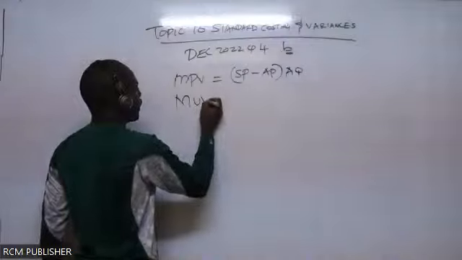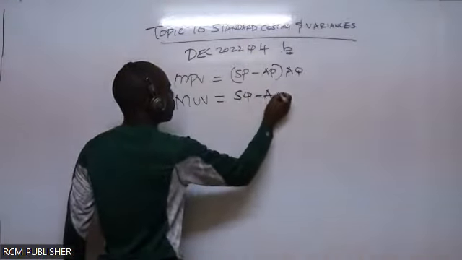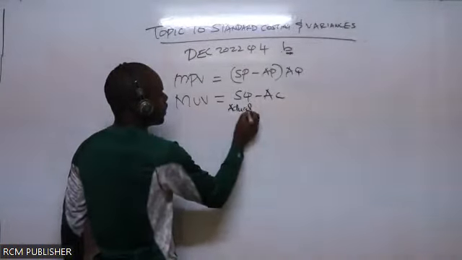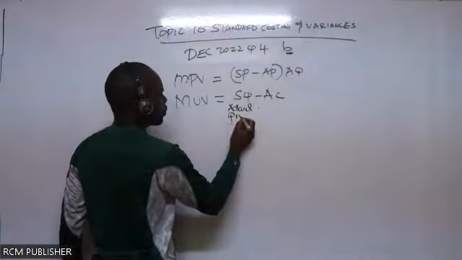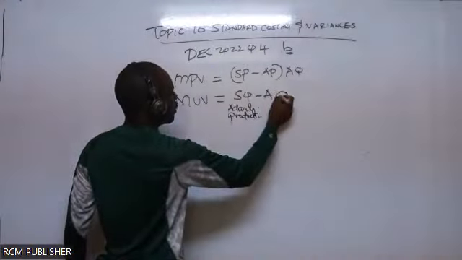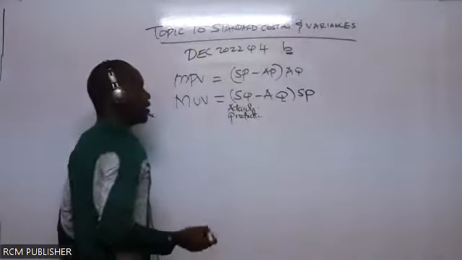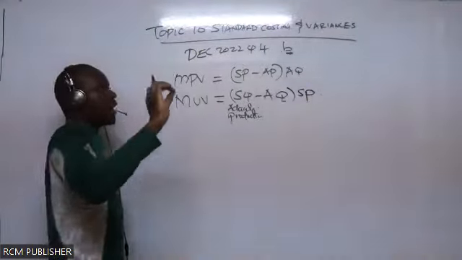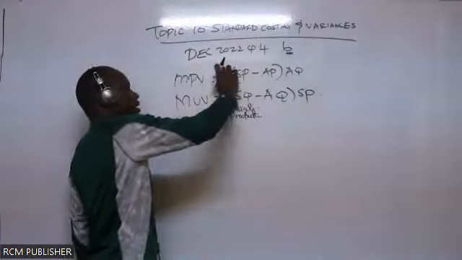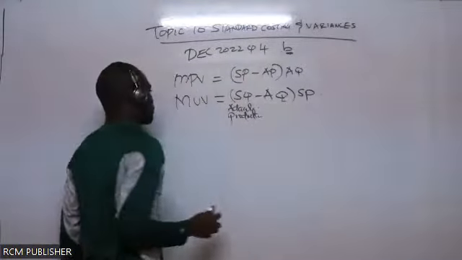Material usage variance will be equivalent to standard quantity in actual production minus actual quantity, then multiplied by the standard price. Actual price, as you can see, is only used when we are comparing prices. Any other thing, you are going to use standard price.